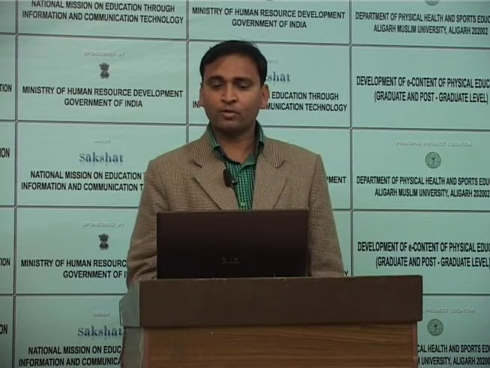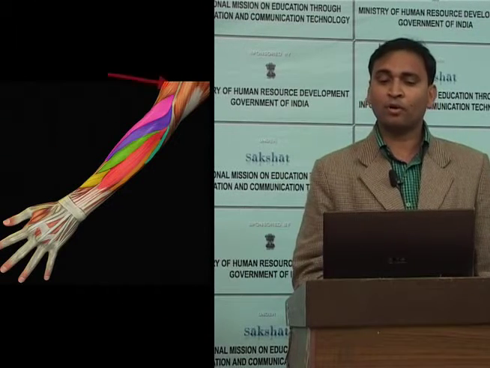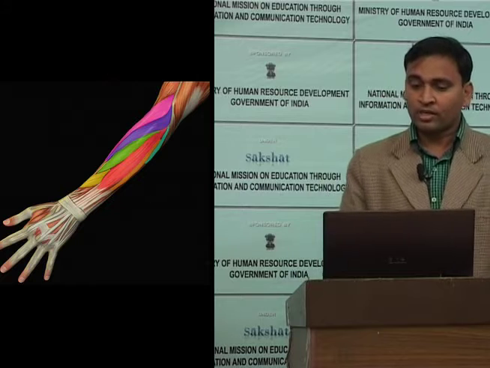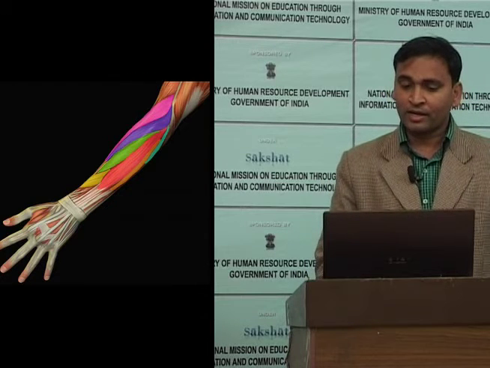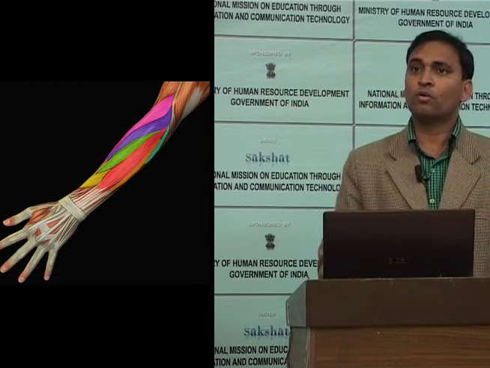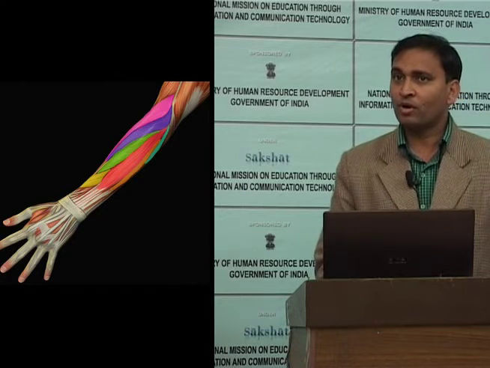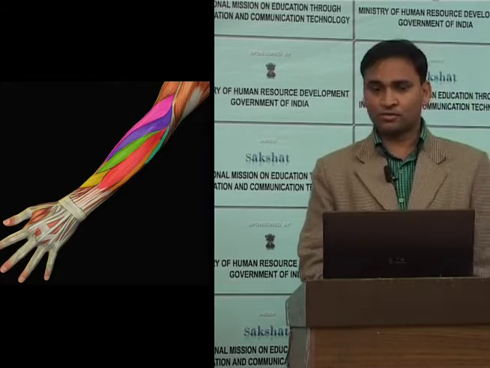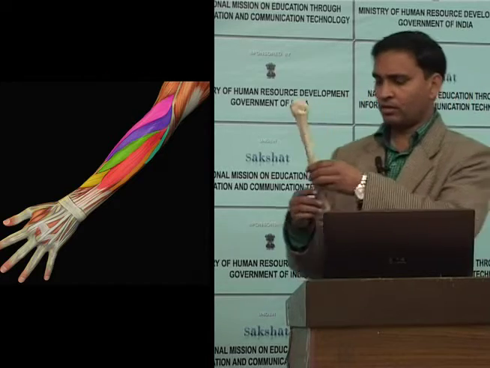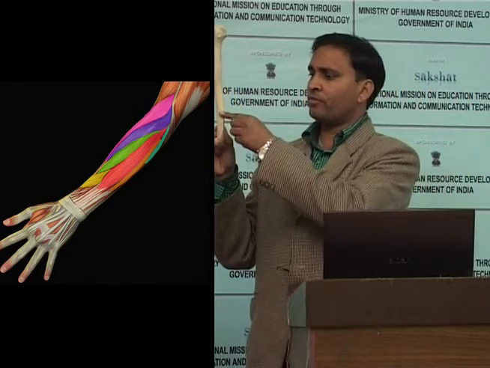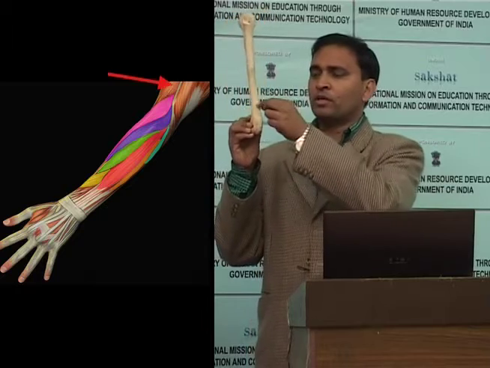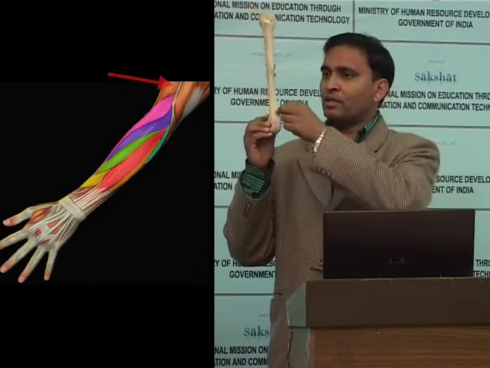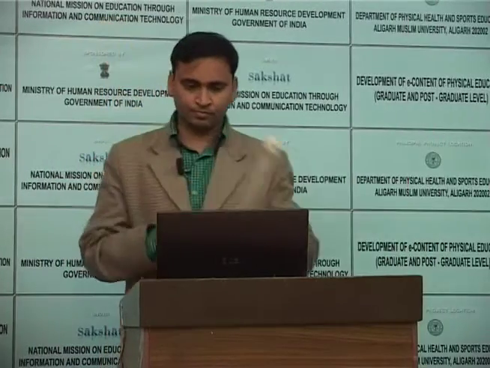You can see in the diagram, it originates from the lateral border of the distal humerus, distal 1/3, and the lateral epicondyle of humerus. You can see here, this is the lateral border of distal 1/3 of humerus. The brachioradialis muscle originates from here to the lateral epicondyle. It has this amount of muscle origin.